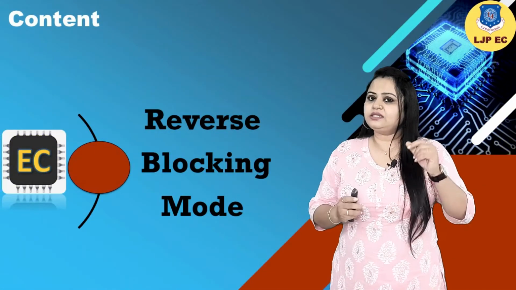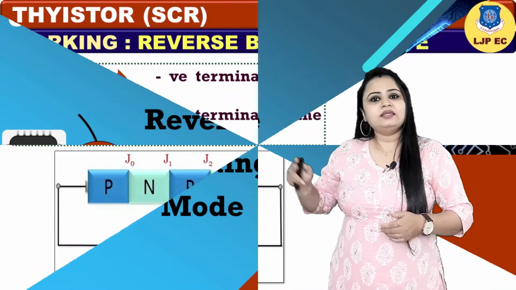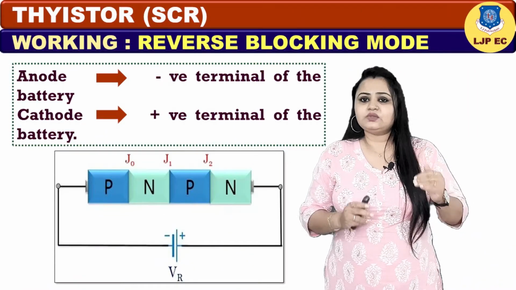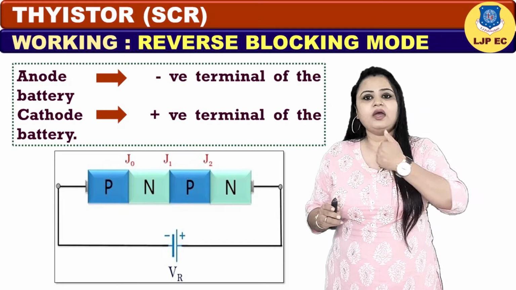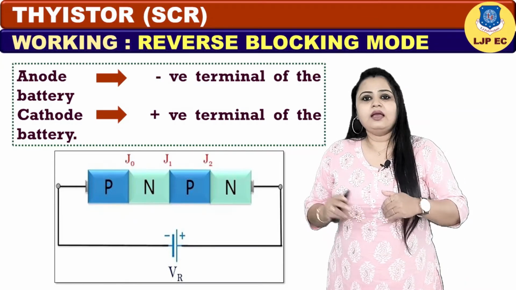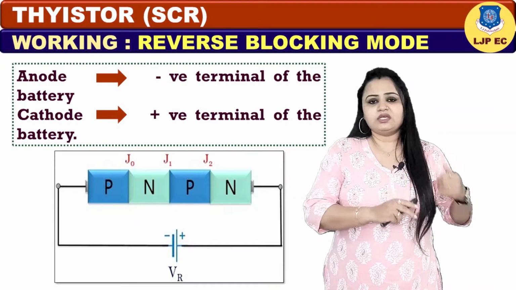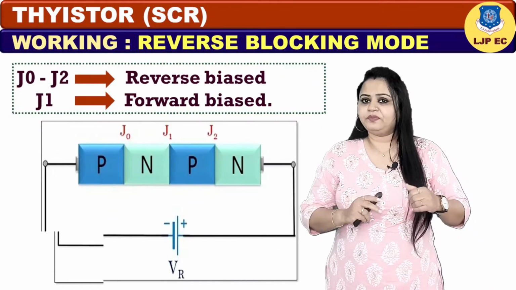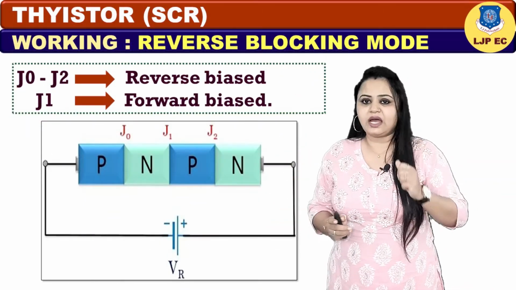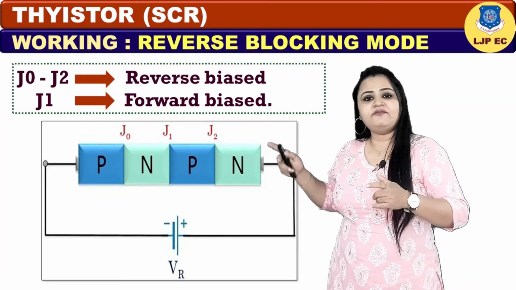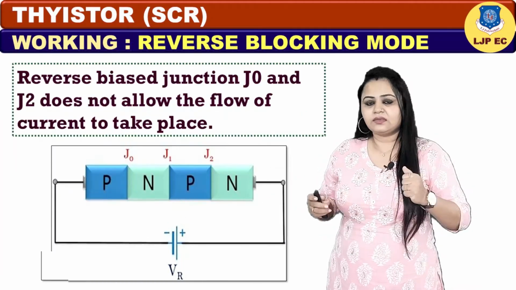Now, the second is reverse blocking mode. The next condition arises when anode terminal of the thyristor is connected to the negative battery terminal and cathode is connected with the positive terminal of the battery. This causes junction J0 and J2 to be reverse biased, but at the same time J1 becomes forward biased.